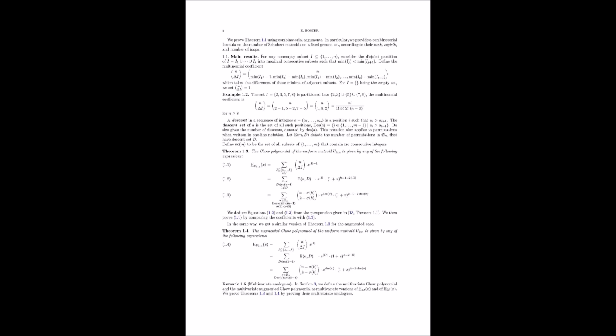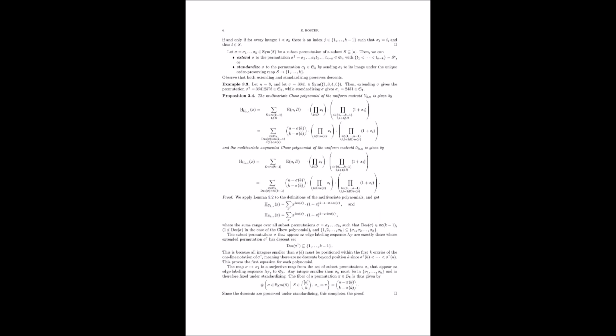So the paper we're diving into today focuses on providing explicit formulas for these polynomials, specifically for uniform matroids, right? Exactly. And what's remarkable is that they present several different ways to represent these polynomials. For instance, equations 1.1, 1.2, and 1.3 all depict the Chow polynomial of a uniform matroid, but each uses a slightly different approach.